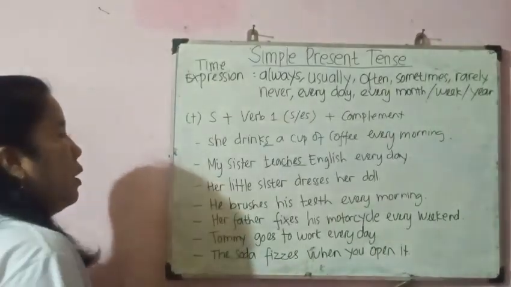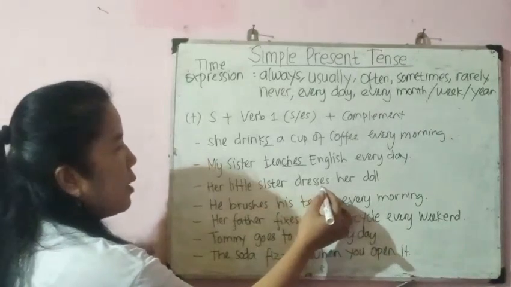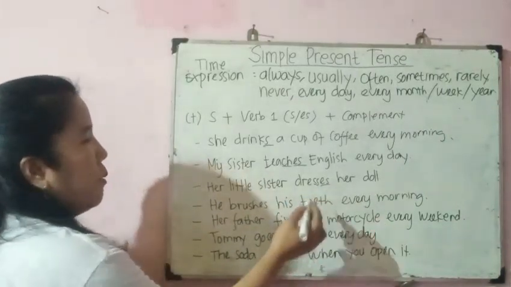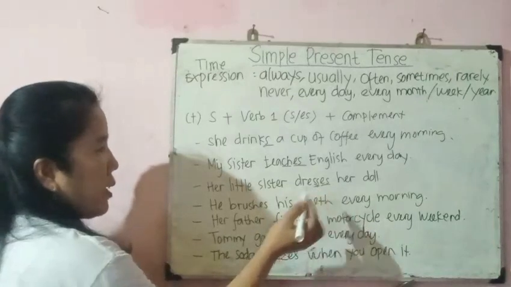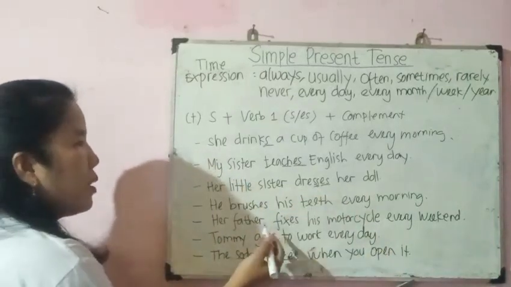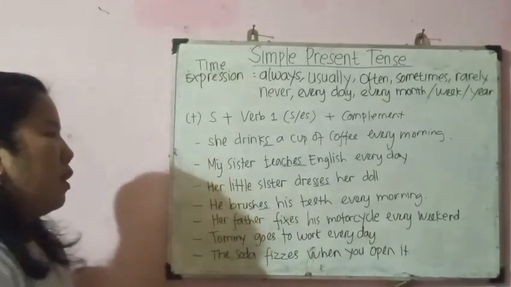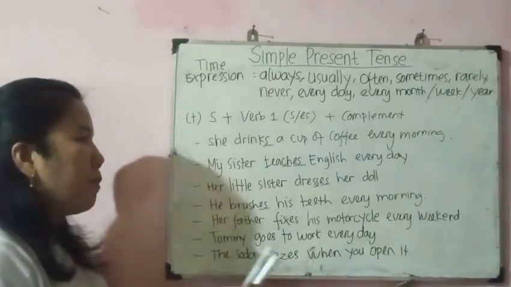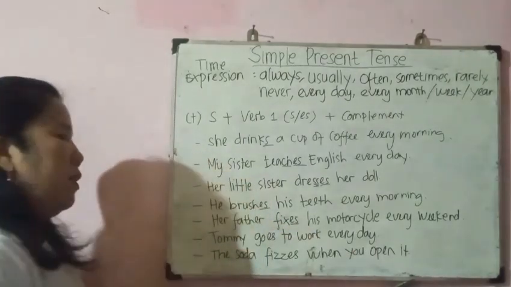Next example, her little sister dresses her doll. We add es because the end of verb 1 is s. And he brushes his teeth every morning. We add es. Her father fixes his motorcycle every weekend. We add es.